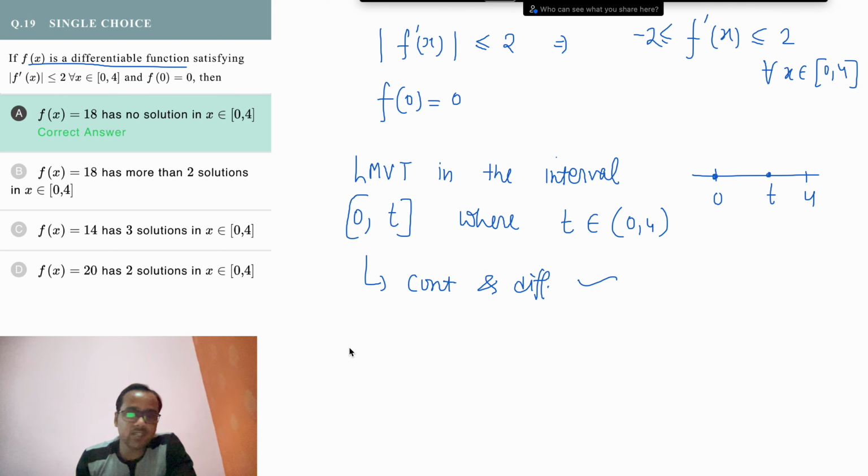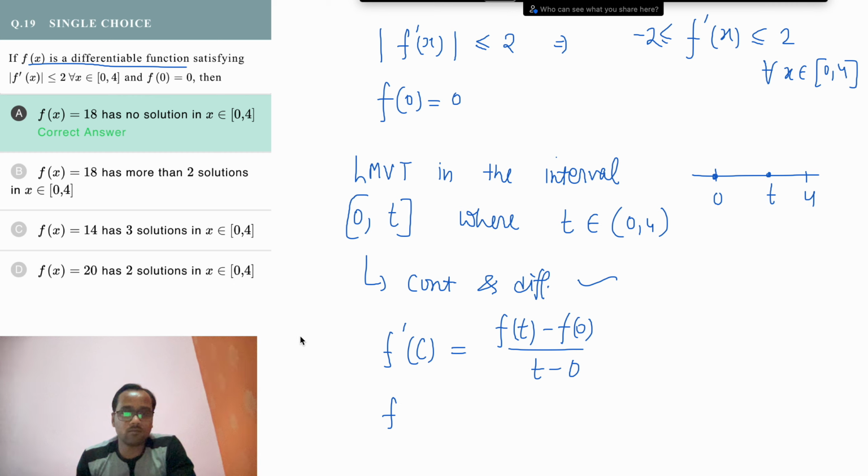So the LMVT theorem says if it is continuous and differentiable in the interval 0 to t, then f dash of c, where c will be in between 0 to t, would be equal to f(t) minus f(0) upon t minus 0.